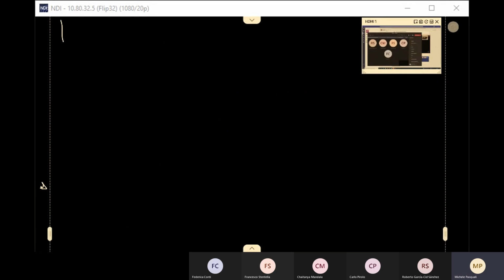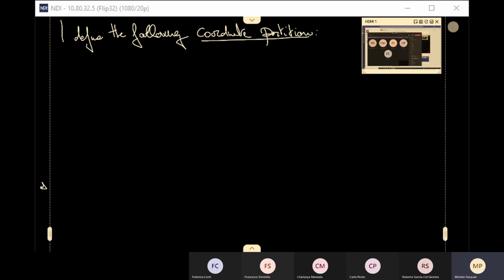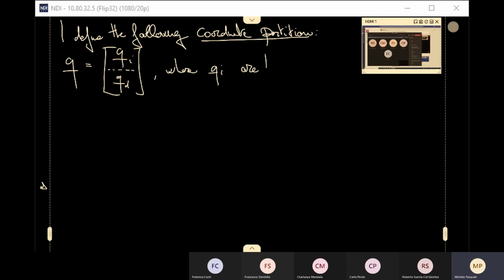I define the following partition. So I say that my Q is basically divided into a subset of Qi and then another set of Qd, where Qi are the, how many? n minus nc independent coordinates.